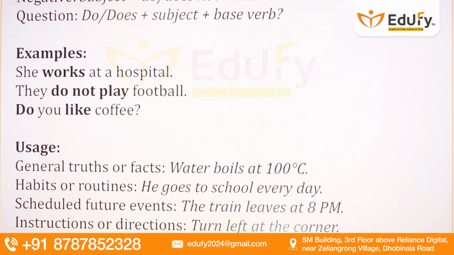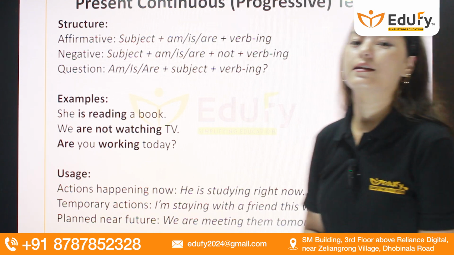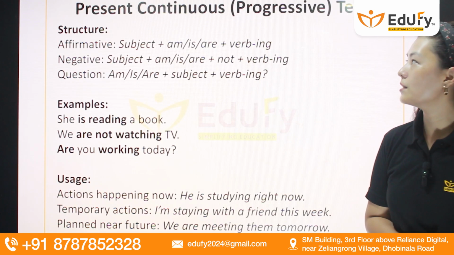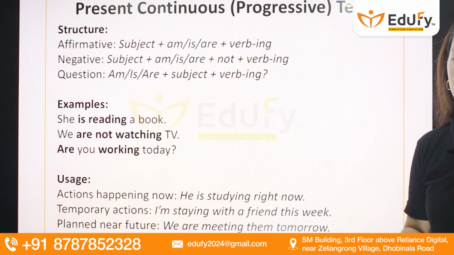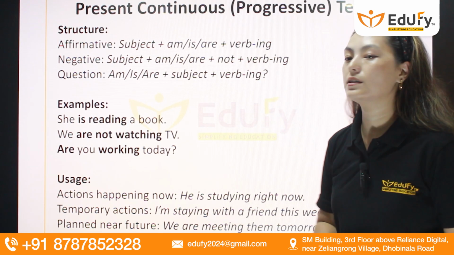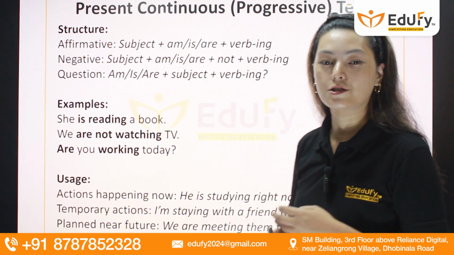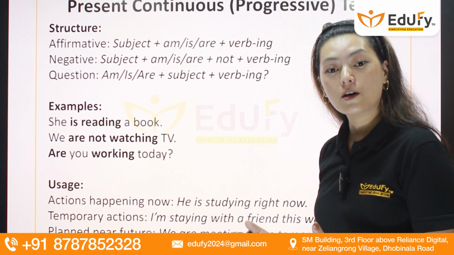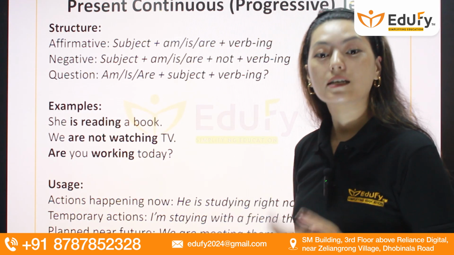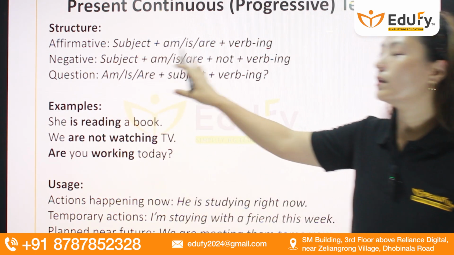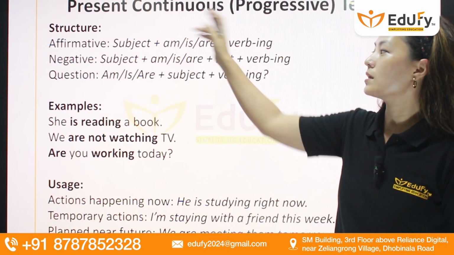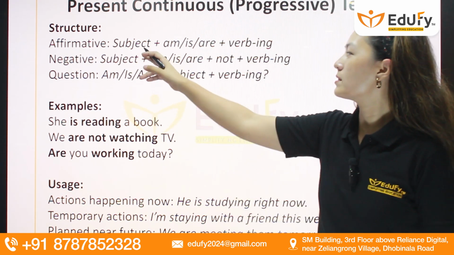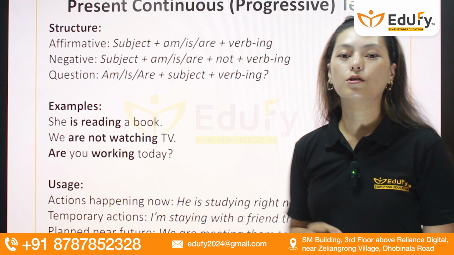Let's move on to the next form of present tense, and that is the present continuous tense, also known as present progressive tense. Progressive or continuous, they talk about progressive actions, actions that do not stop, but are still continuing. And we can look at the structure here. Affirmative sentences of present continuous tense will have the subject plus these three auxiliary verbs.